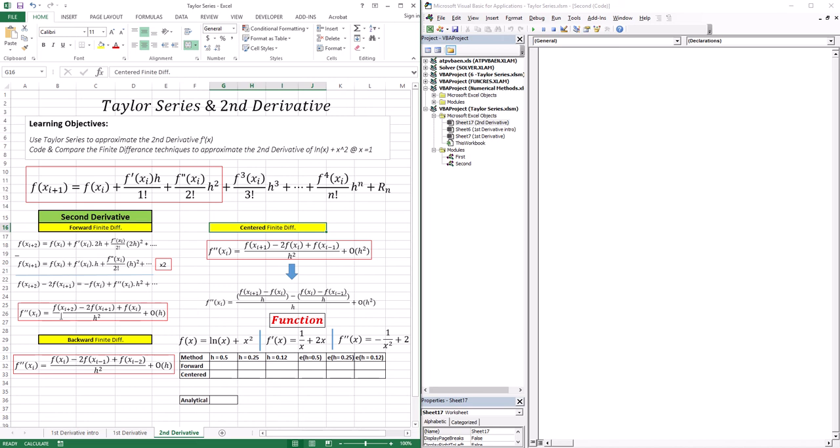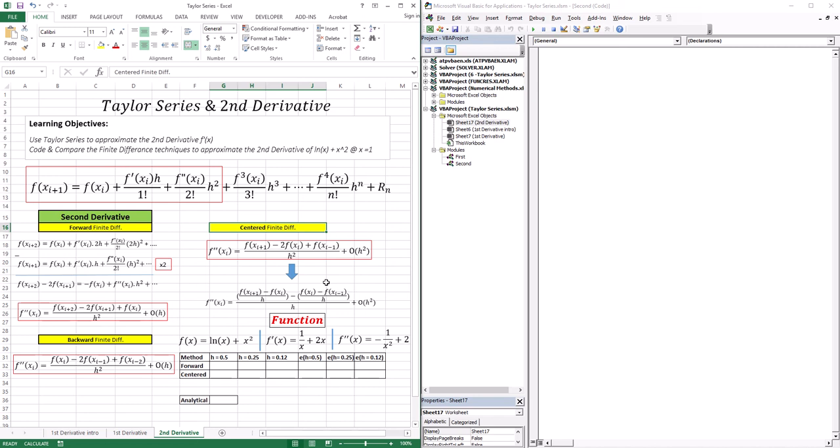You're going to find with the forward finite difference, it's dependent on f of xi plus 2, f of xi plus 1, and f of xi. This one is xi minus 1, and xi minus 2. And this one is xi plus 1, and xi minus 1. And you can see this reflects the nature of the centered.